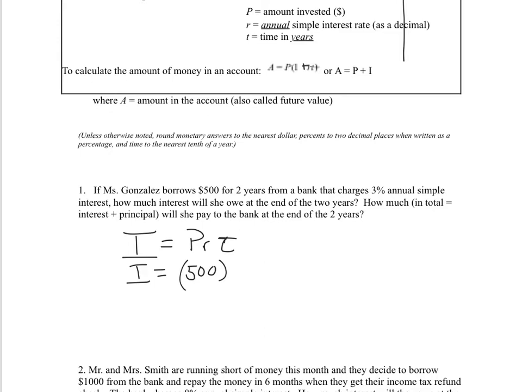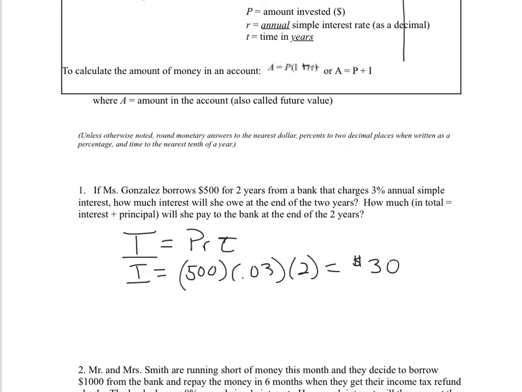The way you do that is you drop the percent and move your decimal 2 places to the left. So that turns into 0.03, and we're wanting to find how much interest she owes at the end of 2 years. So T is 2. Now, if you put all that in your calculator and multiply it out, you'll see she owes $30.